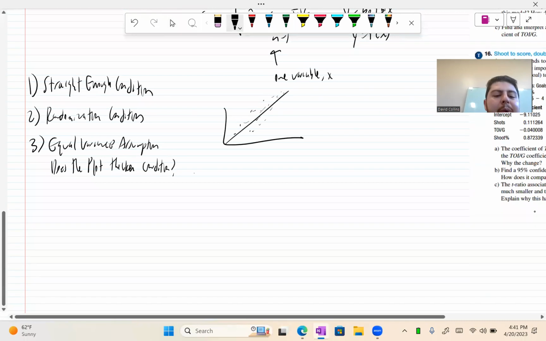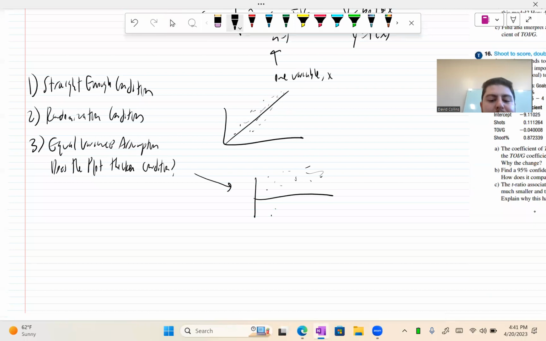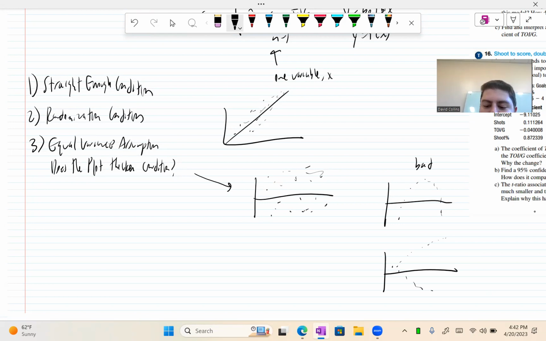What we want this to look like is the good residual plot. We don't want there to be patterns, right? This is bad. Something that has this fan shape is bad.